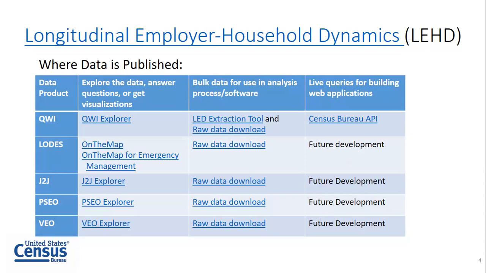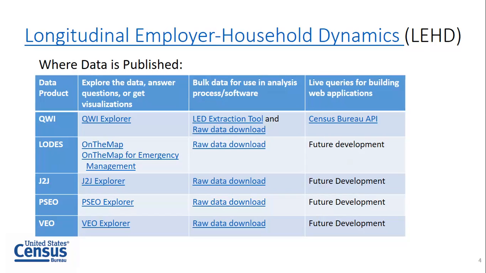If you want to look at employment for detailed and customized geography, you would look at the LEHD Origin-Destination Employment Statistics, or LODES data, using OnTheMap or OnTheMap for Emergency Management data tools. One sidebar: OnTheMap for Emergency Management is the only data tool in the LEHD program that has data from other federal agencies along with population data.